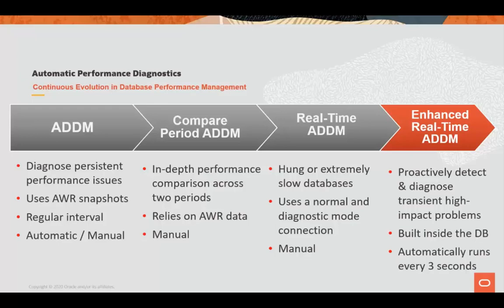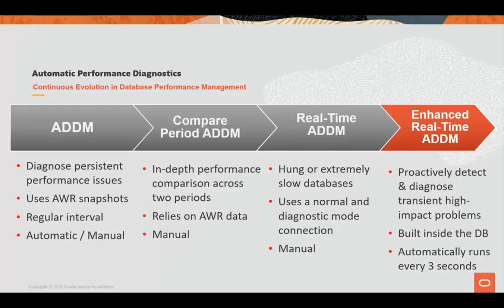We have also real-time ADDM, and that helps us to understand why a database is extremely slow or when the database is hung. That means that you're not able to connect to the database. It uses a normal connection, but also has the ability to connect to the database in diagnostic mode.